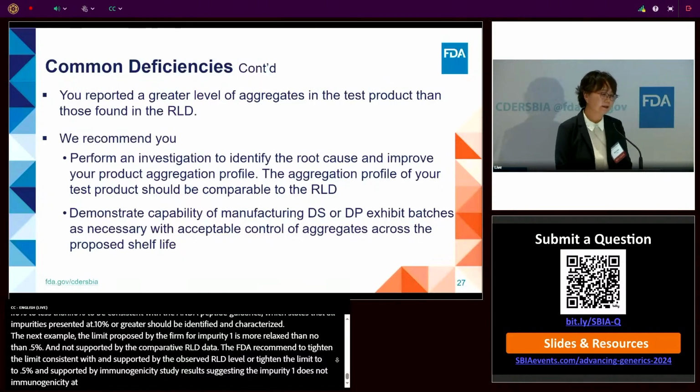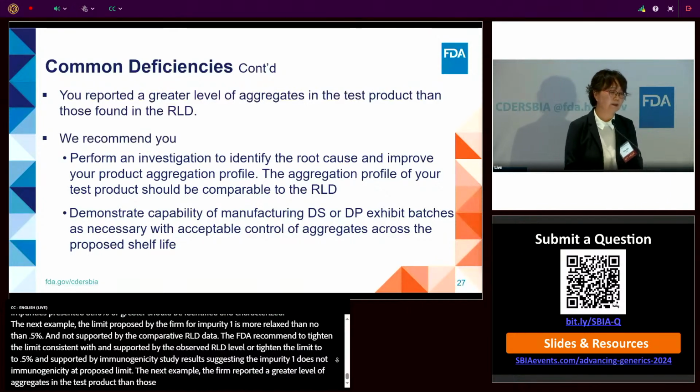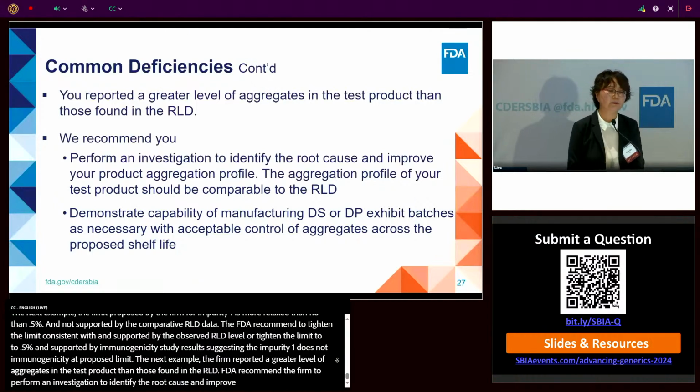The next example, the firm reported a greater level of aggregates in the test product than those found in the RLD. The FDA recommends the firm to perform an investigation to identify the root cause and improve the product aggregation profile.